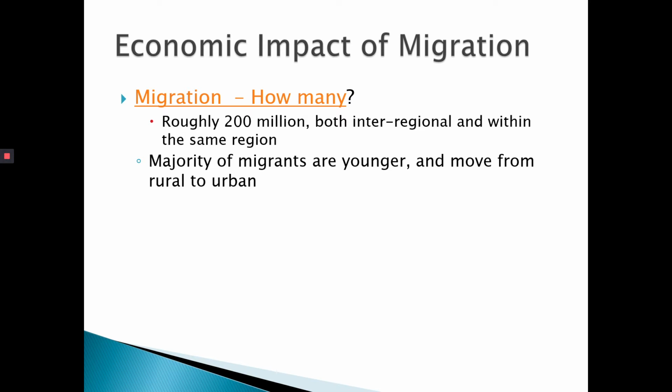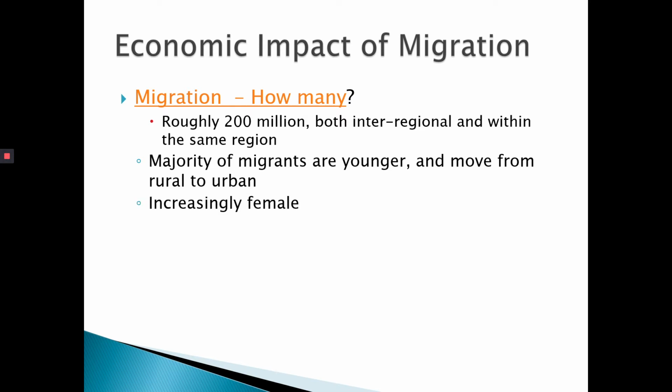The rationale is simply that moving from one area to another takes a toll on a person, and the younger people tend to be healthier and more able to make the travel. Why are they moving from rural to urban areas? That's probably where the jobs are. So they might be moving from a rural area with no jobs to an urban area that has jobs.